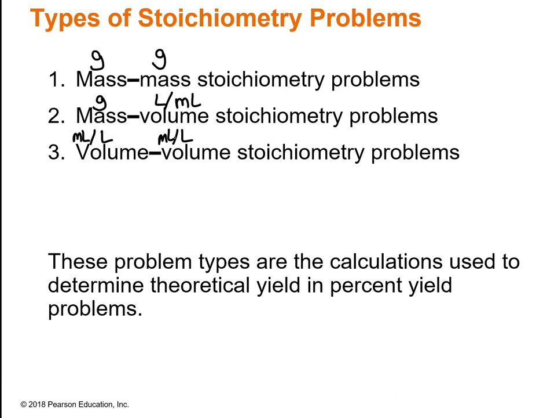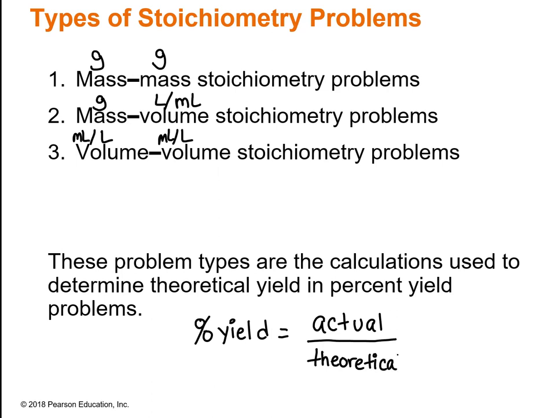These problem types are the calculations that you use to determine the theoretical yield in percent yield problems. So remember, we did percent yield is equal to the actual yield, which is what you do in the experiment, the result, over the theoretical yield, and you multiply that by 100%.